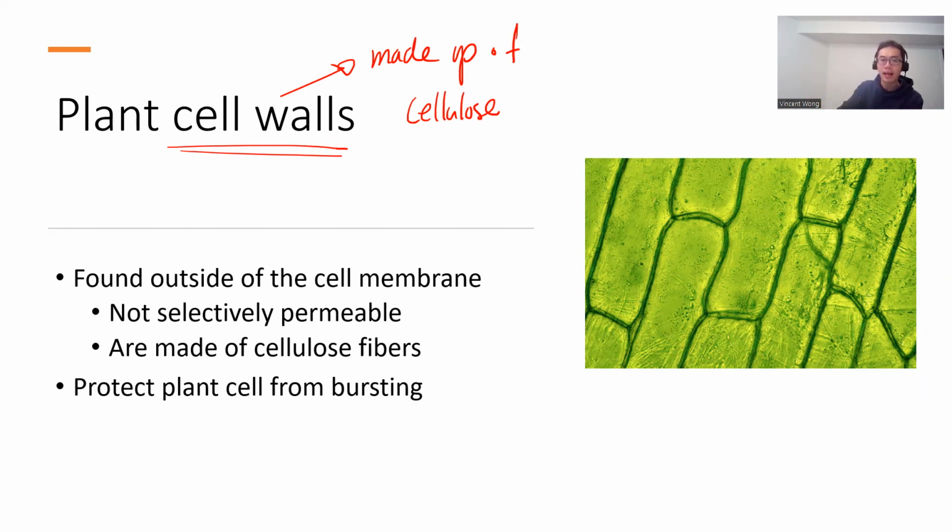Unlike the cell membrane, it is not selectively permeable, meaning it doesn't control what goes in and what goes out. Everything can pass through the cell wall without much regulation. The point of the cell wall is just to protect the plant cells from bursting. That is all.